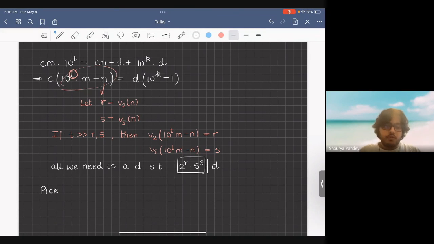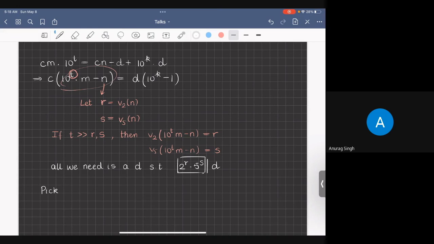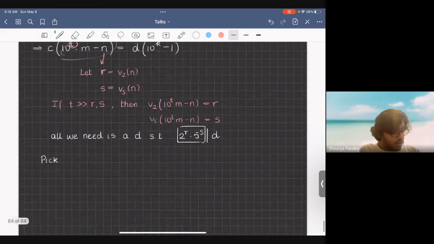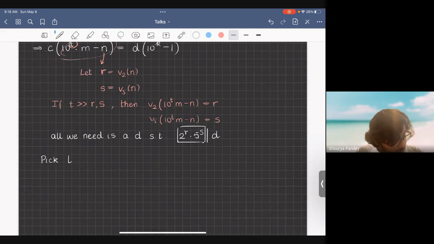I can just put zeros in the beginning, right? Yes, okay. This block can have zeros in the beginning and then have something, which is fine. So pick t to be larger than max of r comma s, and pick d to be equal to 2 to the r times 5 to the s.